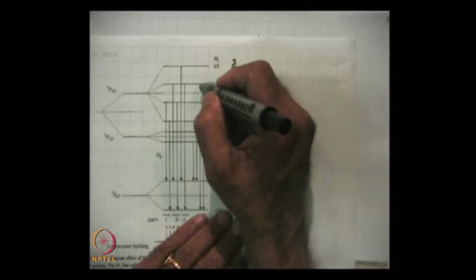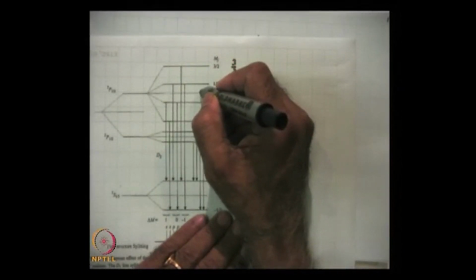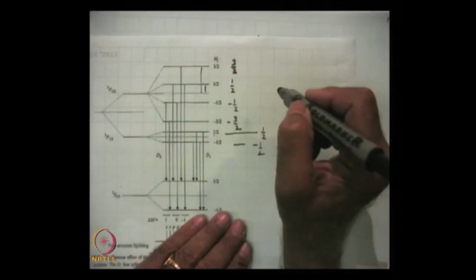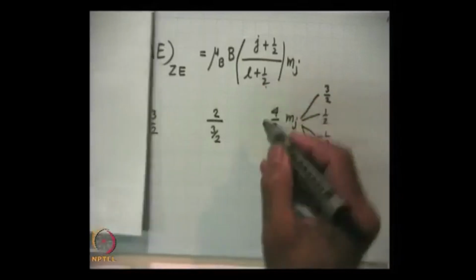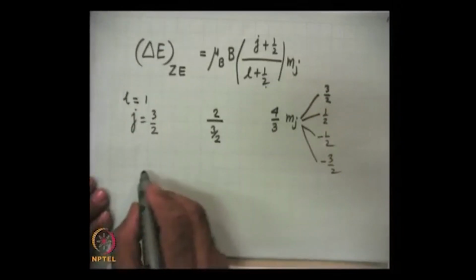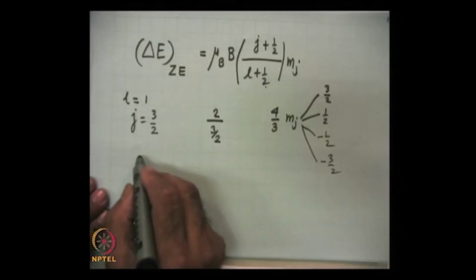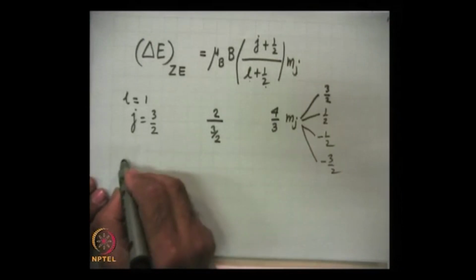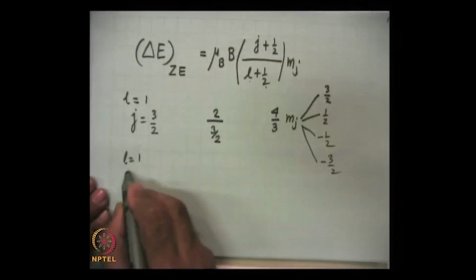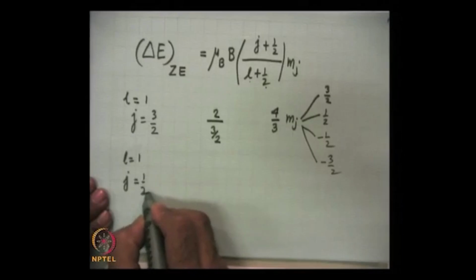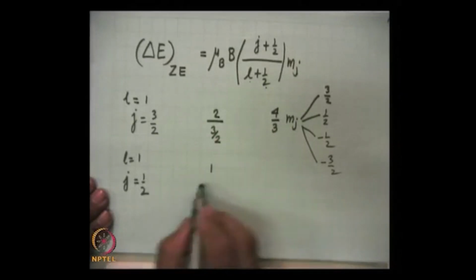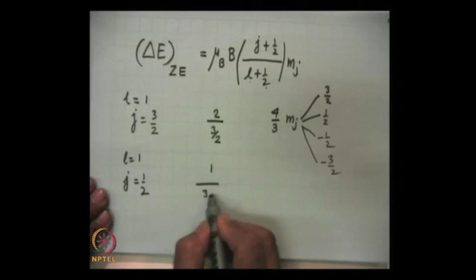So, this splitting is 3 times this splitting. And when L becomes equal to 1, let us suppose, and j is equal to, let us suppose, half, this becomes half plus half is 1, and L is 1, so 3 by 2.